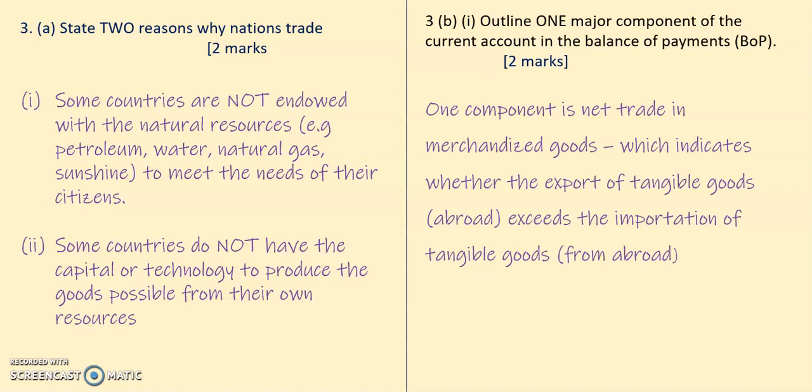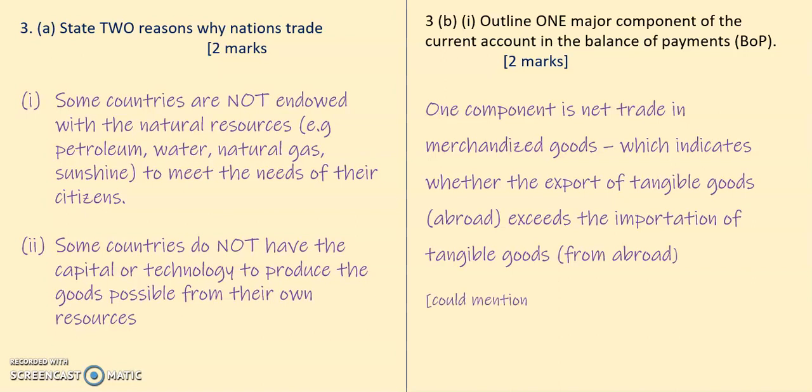One component is the net trade in merchandise goods, in other words, tangible goods, because this would indicate whether your exports of tangible goods exceed the importation of tangible goods, right? Solid goods that you can hold and touch. So that's one component from your current account. It tells you about the difference in trade in goods.